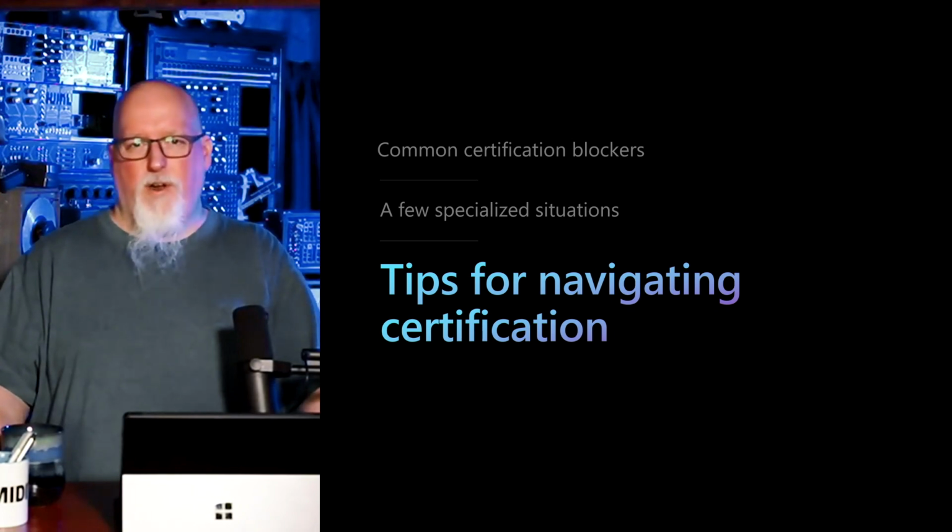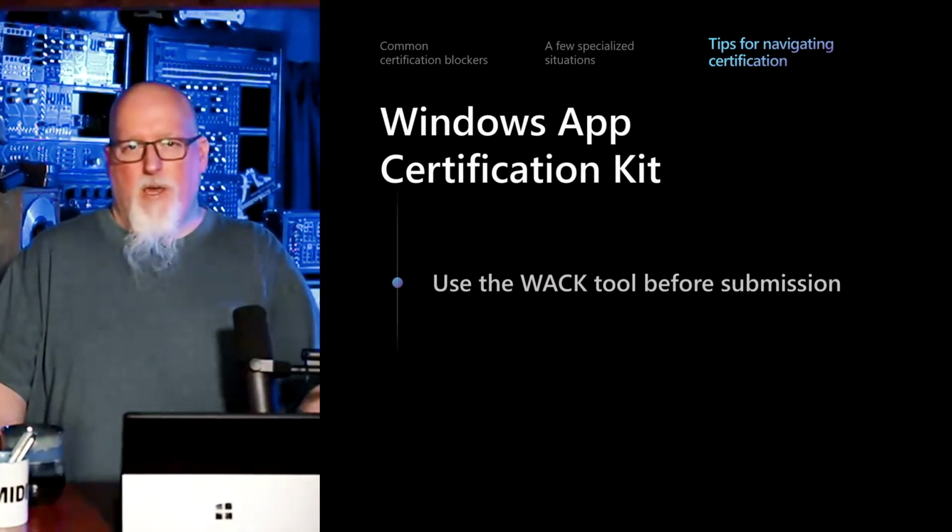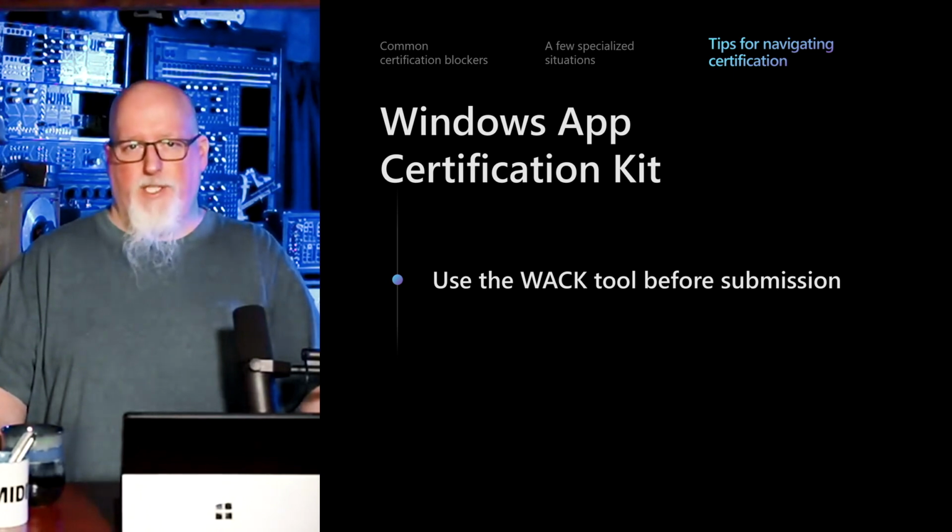Let's talk a little bit now on some tips for navigating the certification process itself. The first, and this could be really obvious, but run the WACK tool, the Windows App Certification Kit tool.